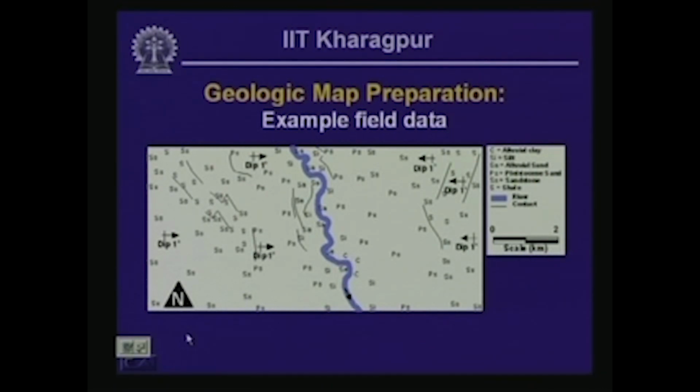Now, this is essentially a summary of the data obtained by an engineering geologist during a field reconnaissance. We are going to show in the next slide how the data summarized in the previous slide is interpreted to prepare a geologic map.